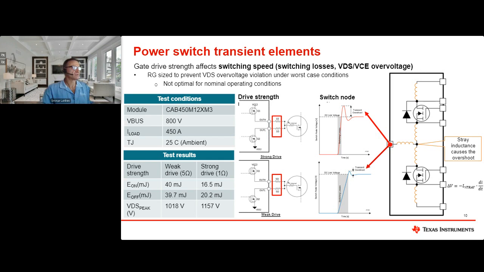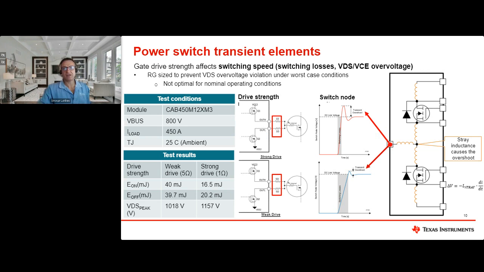When we use weak drive, and I'm just going to go straight down to the VDS results, you see that we have about 1,000 volts, measuring about 1,000 volts, 40 millijoules of turn-on energy loss, and almost another 40 millijoules of turn-off energy loss. But then when we use strong drive, we get a different set of results.